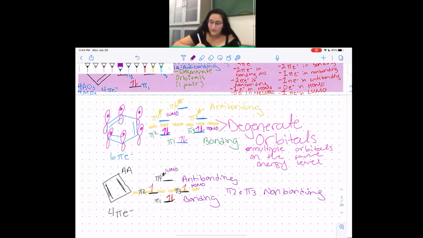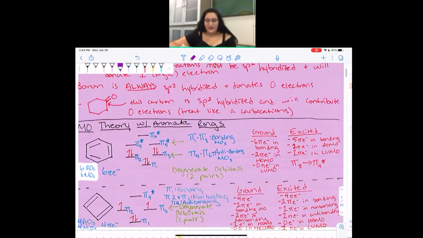And the LUMO would be pi 4. And again, I just recommend looking at this because this has all the information you'll need for this concept.